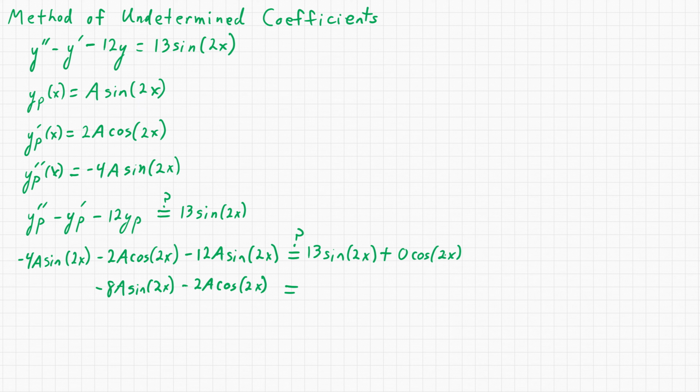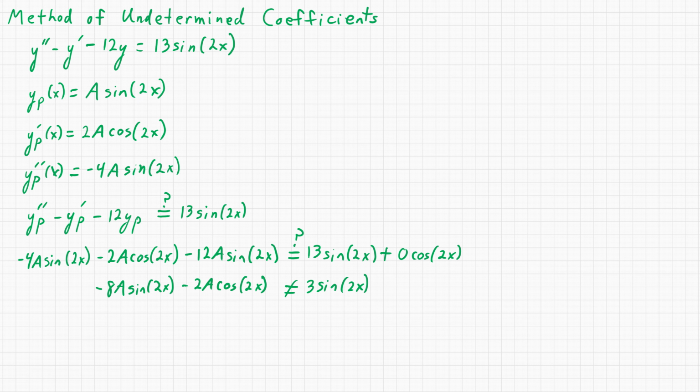You're going to need the terms to agree. So we can pick the a to solve for the 13. That would be negative 13 over 8. But that will mess up this cosine term because we have to get exactly 0 cosines. Then if we want 0 cosines, we pick a equals 0, then we get 0 for the whole thing. And so we actually can't get this to work. It just won't happen.